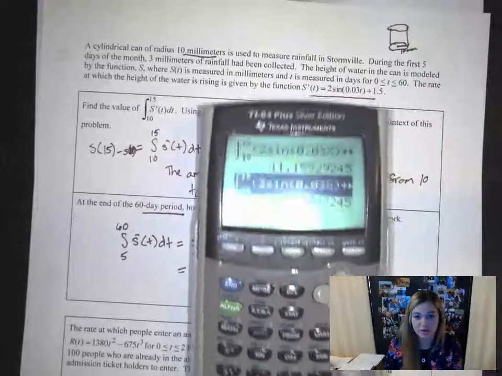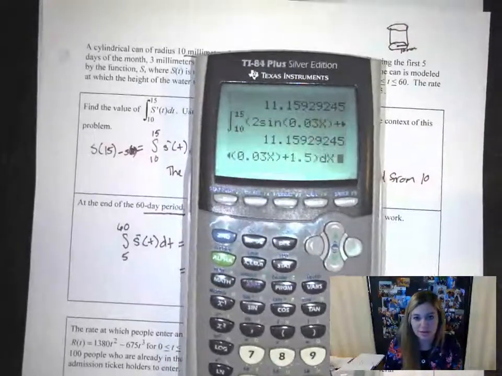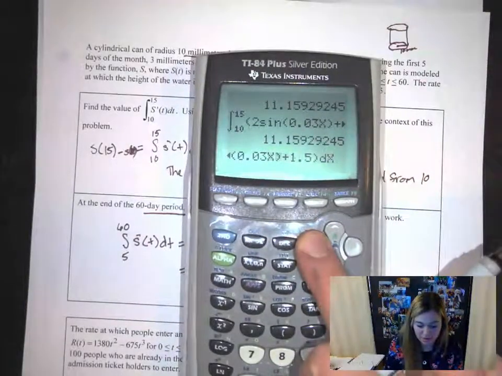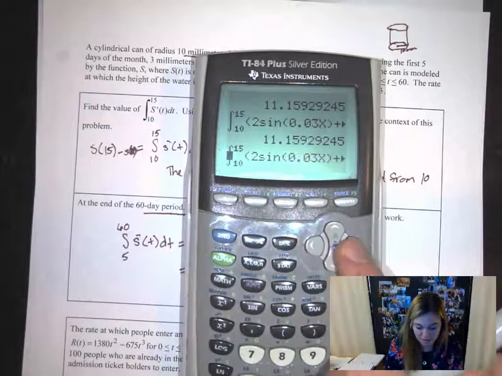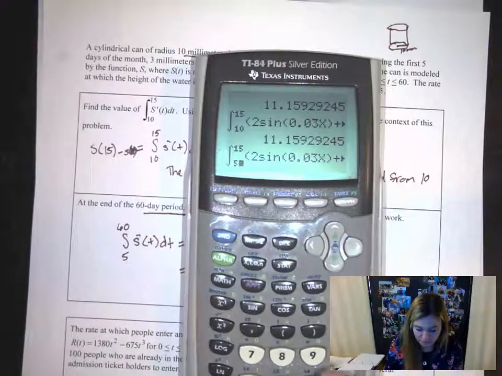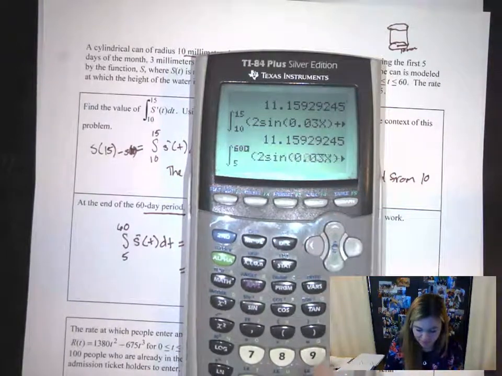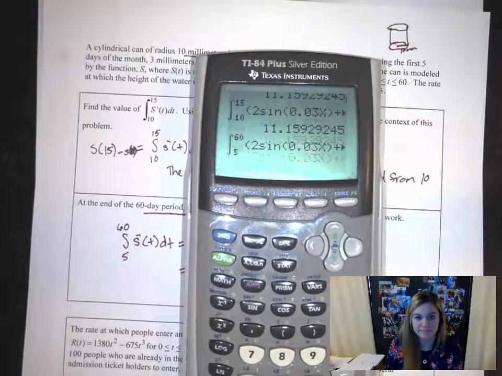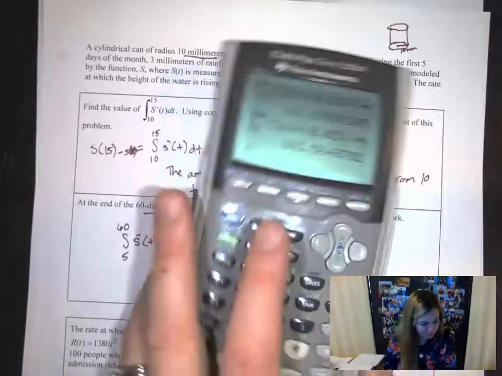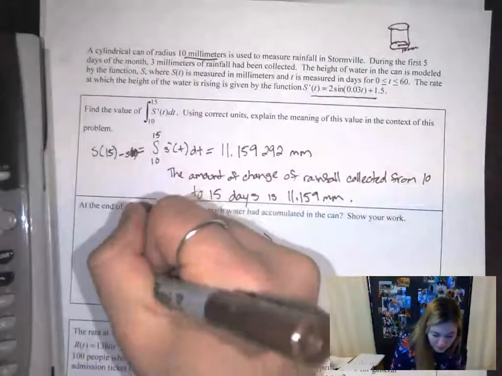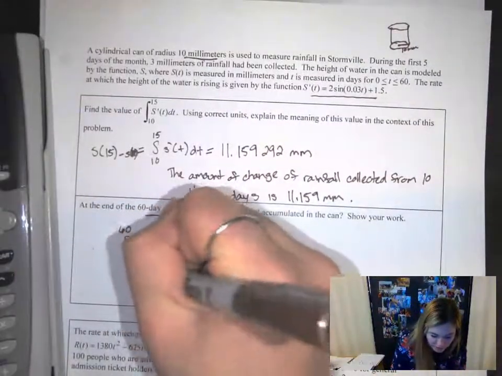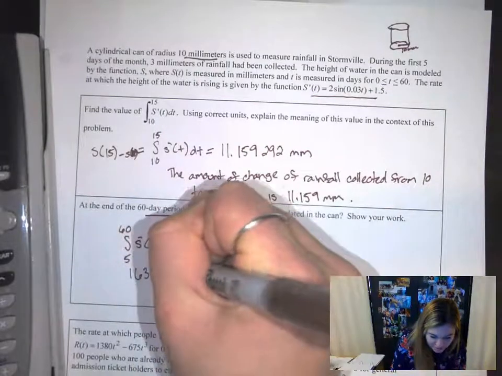I'm just going to highlight that, and I'm going to rewrite over here from 5 to 60. And I get 163.5648782.